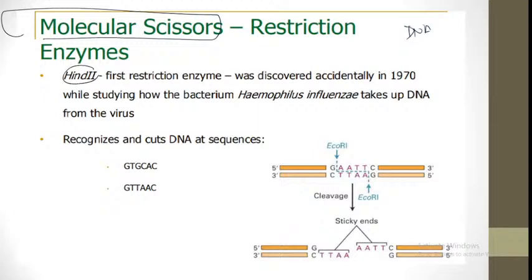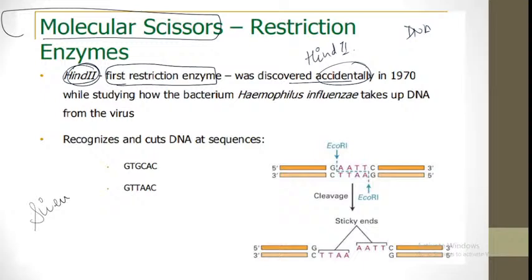So the first one we have is HindII. It was the first restriction enzyme that was discovered accidentally. Remember one thing: in the scientific world, all the major things, all the most important experiments or discoveries, happened because of some sudden incidents.